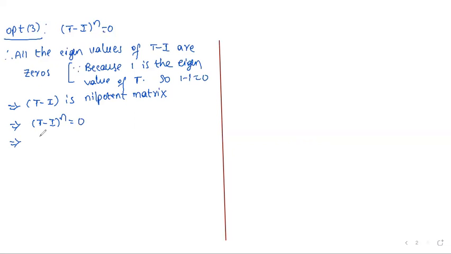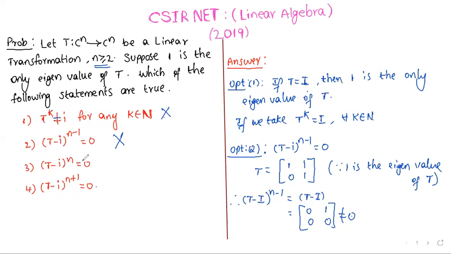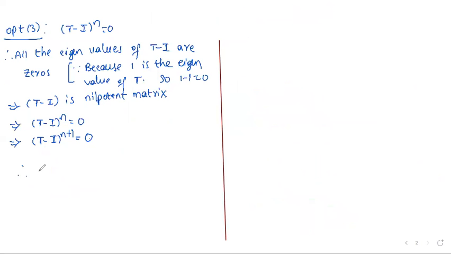And if (T minus I)^n is equal to 0, then (T minus I)^(n plus 1) is also 0. So option 3 and option 4 are the right answers.